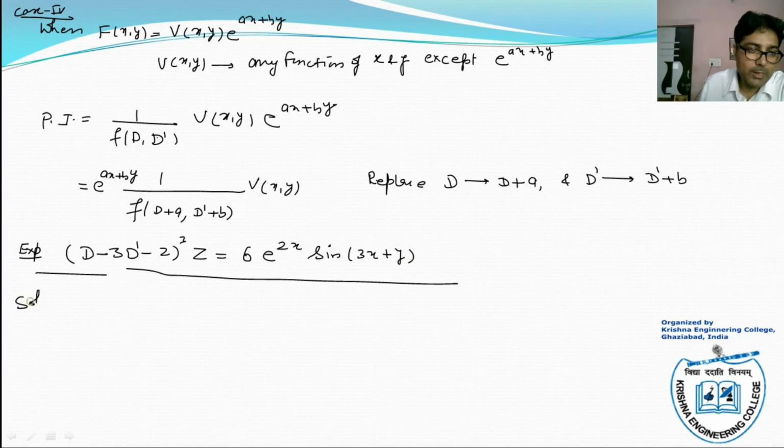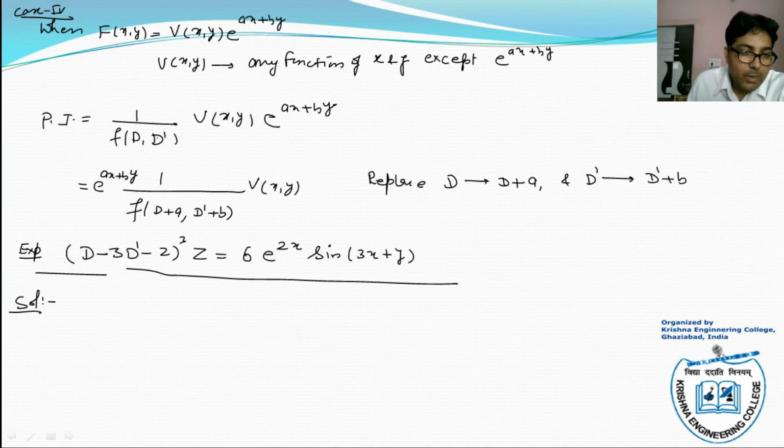Dear students, in partial differential equation with constant coefficients, first of all, we check whether the given partial differential equation is homogeneous or not. It is clearly non-homogeneous. If the equation is non-homogeneous, then two cases arise. It may be reducible to linear factors or may not be. It is reducible to a linear factor, clearly.